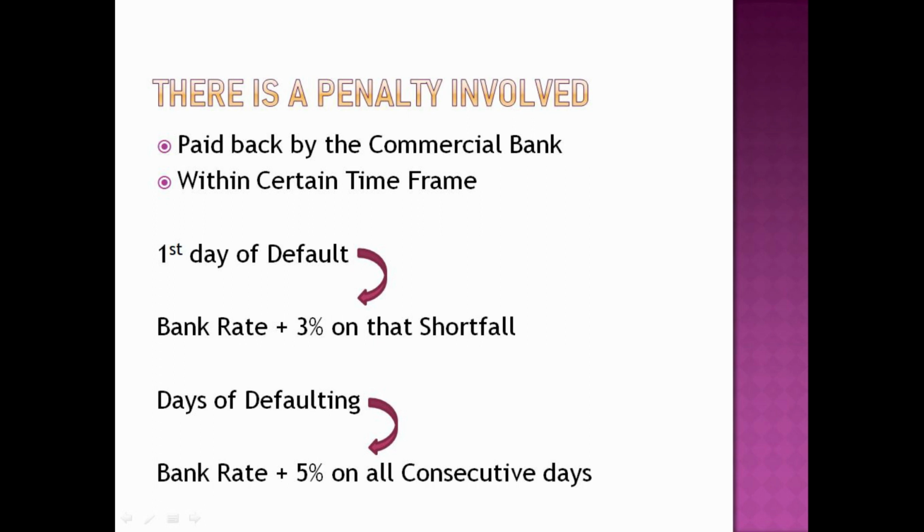And as the days go on and the bank is still not paying the central bank, the penalty will be 4.65%, which is the bank rate, plus 5% on all consecutive days. And that's why banks need to maintain that reserve daily. So you understand how a reserve saves a bank in an emergency time and provides appropriate liquidity among all the sheets.